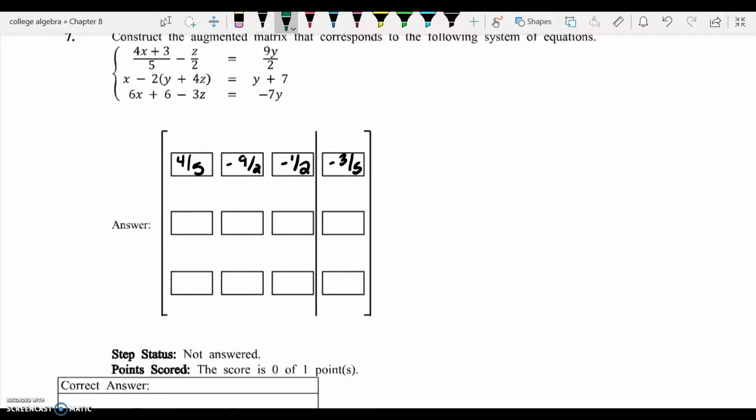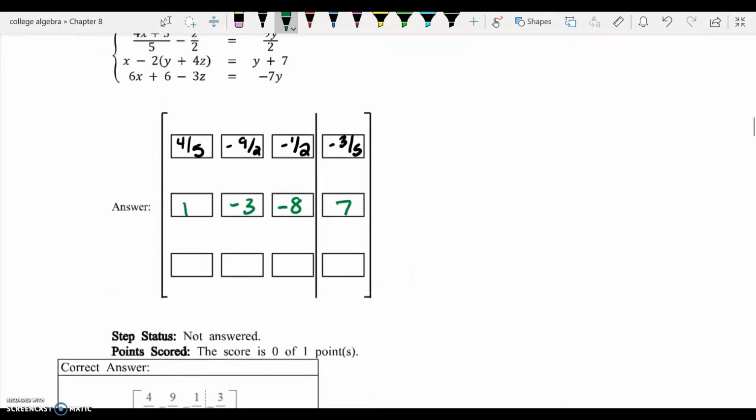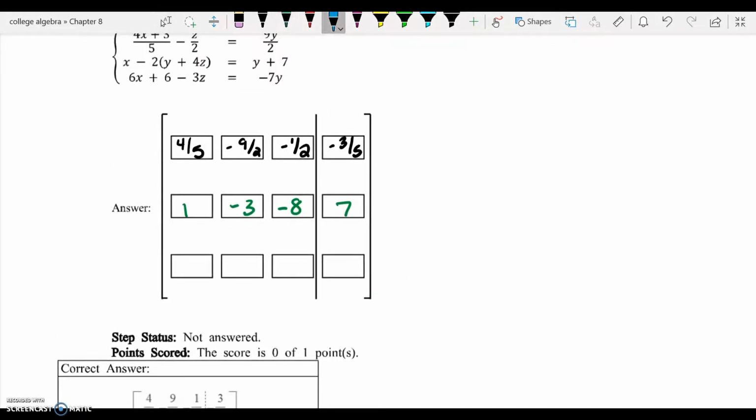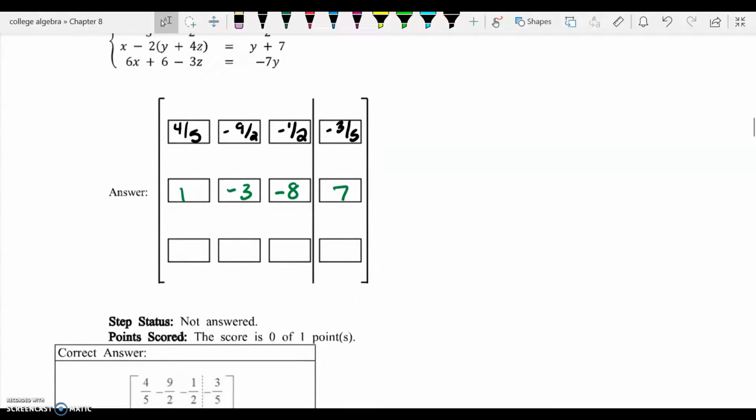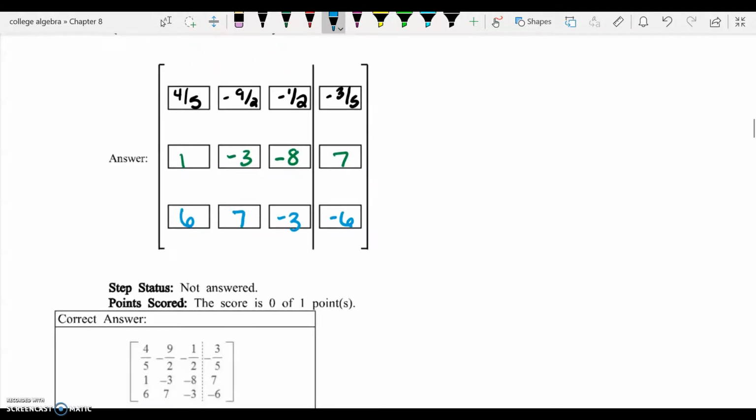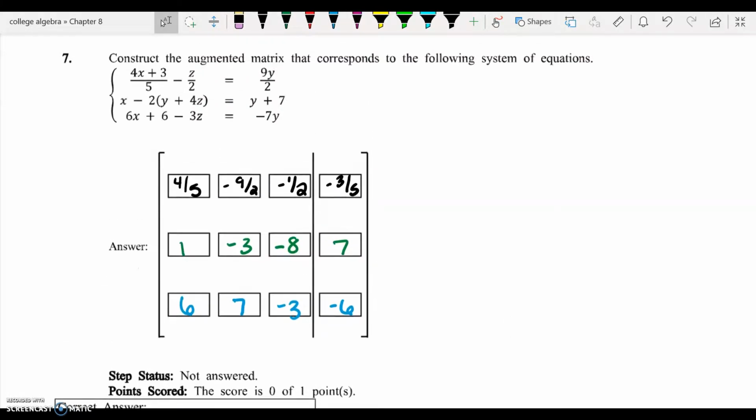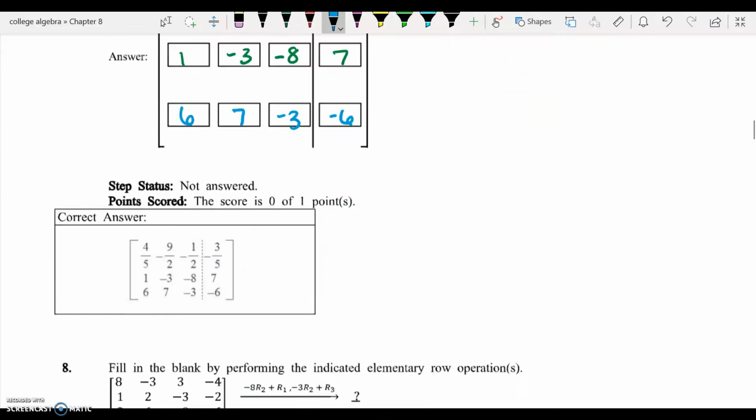All right, and then you're going to get 1, -2, -8, 7, but I need to subtract the 1 over, so this is going to become a -3. And lastly, just not written in the right order, so you got to rearrange it. 6, 7, -3, -6. So make sure it goes x, y, z in your columns equals a number for all the equations, and then fill out your augmented matrix.